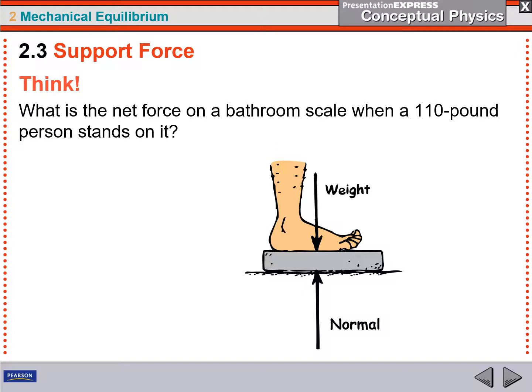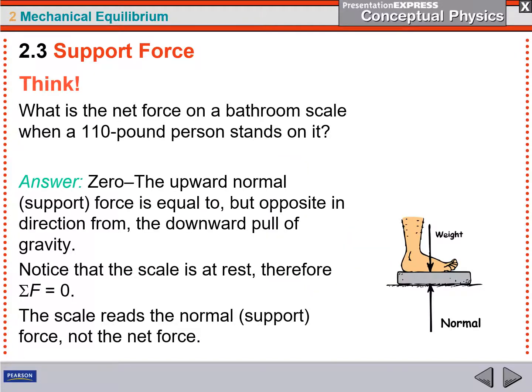So here's a bathroom scale, person standing on it. What is the net force on the bathroom scale if this person weighs 110 pounds? When you read physics problems, you have to read them very carefully. The question asked, what is the net force on the scale? Well, the scale is not moving.